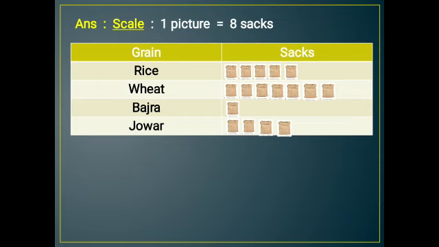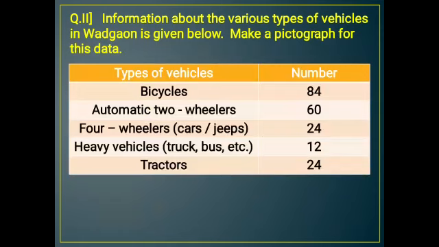Here one picture is equal to 8 sacks, so we will take only 1, that is we will draw 1 picture of sack. Next, fourth and last is jowar. How many? 32. We know that 8 fours are 32. Yes or no? So we will draw only 4 pictures of sack. So with this we are done with the first sum of problem set 52.